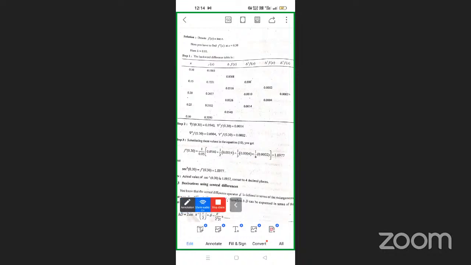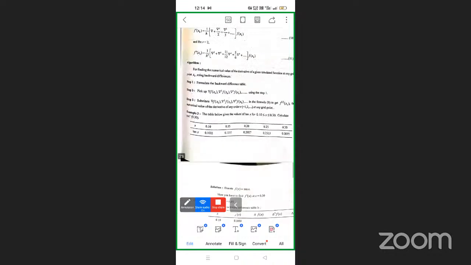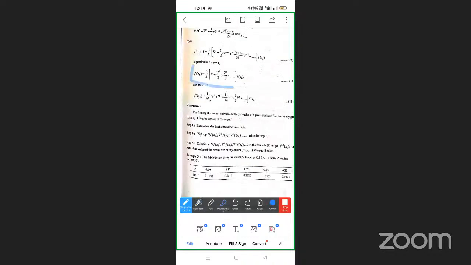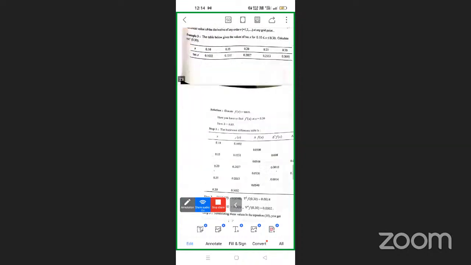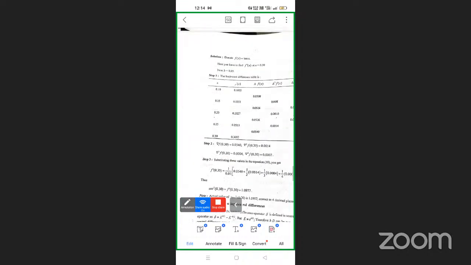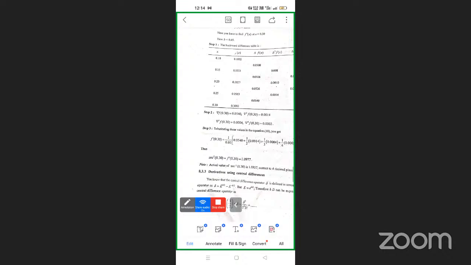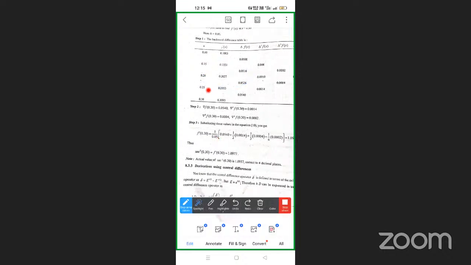Here 1 by h is 1 by 0.05, since the interval difference is 0.05.